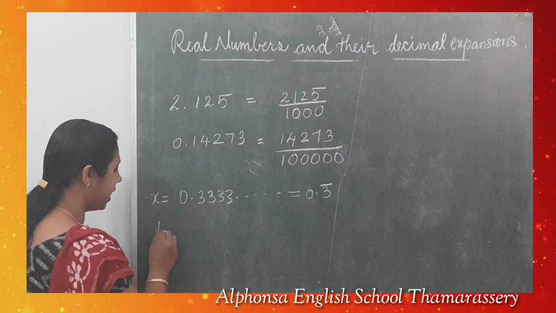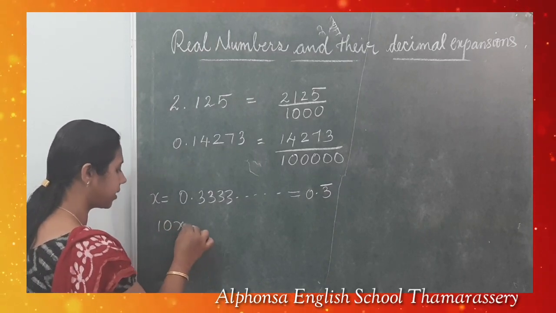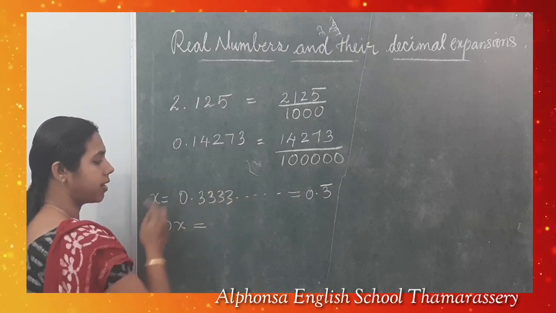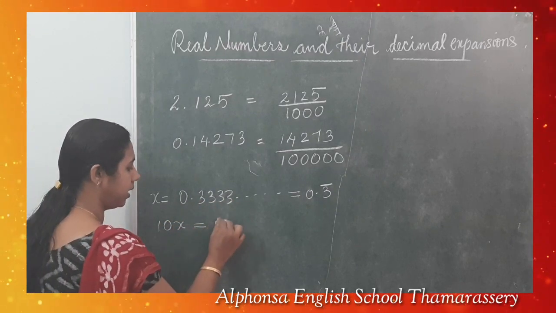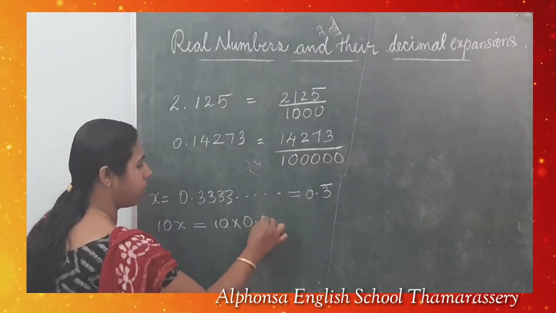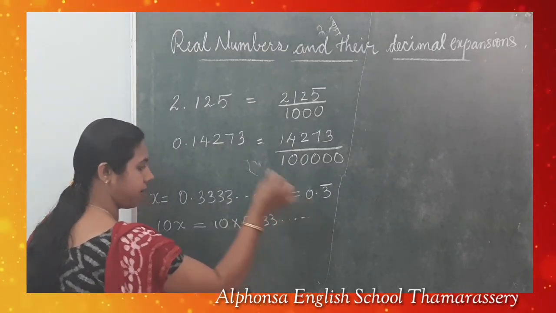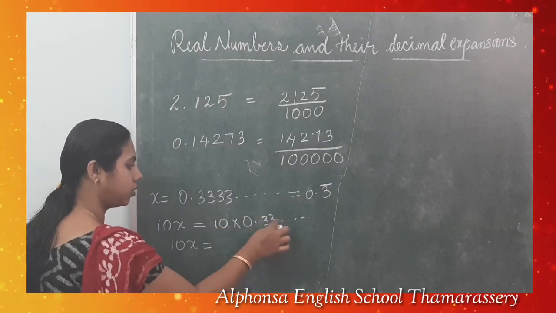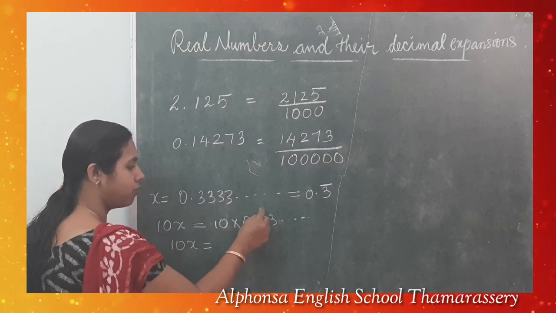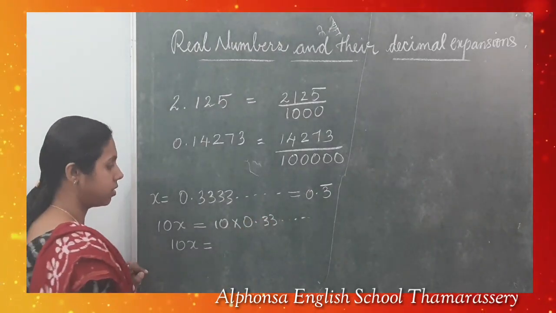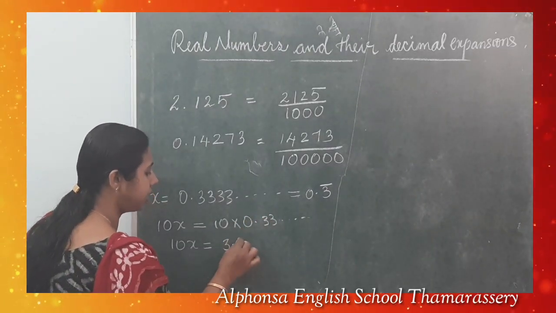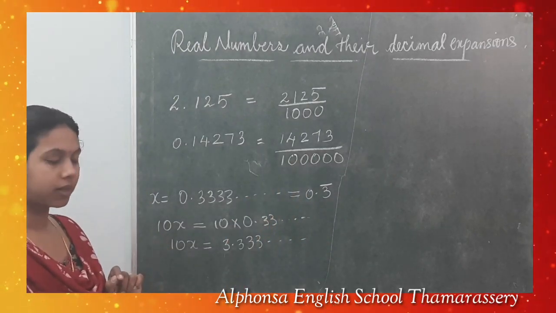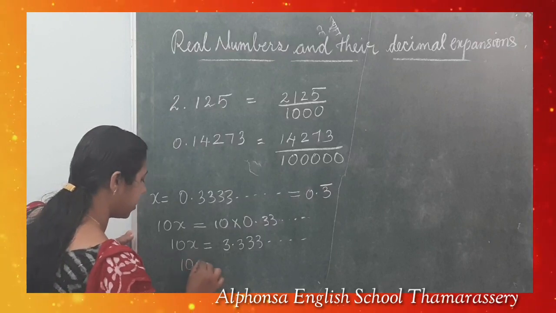Then it will be 10 into x, 10x equal to 10 into 0.333, etc. So one decimal place will move to the right, and you will get 3.333, etc. Now we can write 10x.